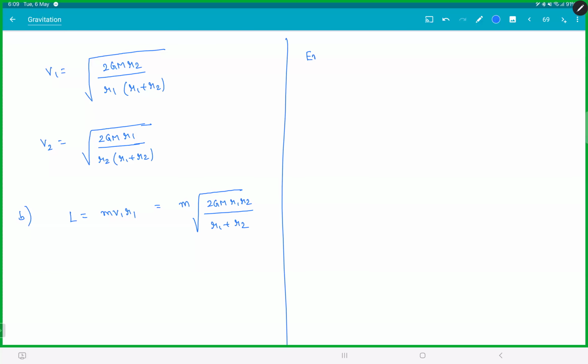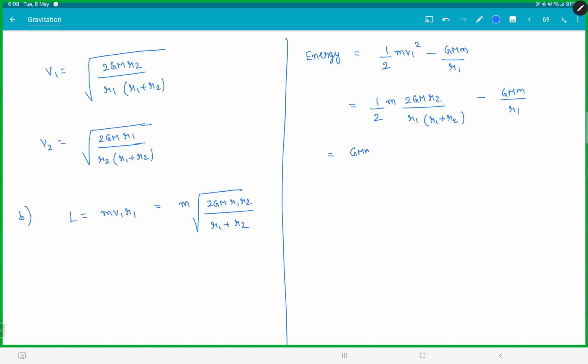And for the total energy, it is half m v1 square minus GMm by r1. You could have taken half m v2 square minus GMm by r2 also. Substitute the values here. So this will be half m v1 square, which is 2GM r2 by r1 plus r2, minus GMm by r1.